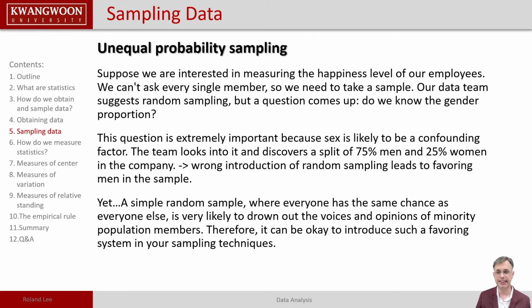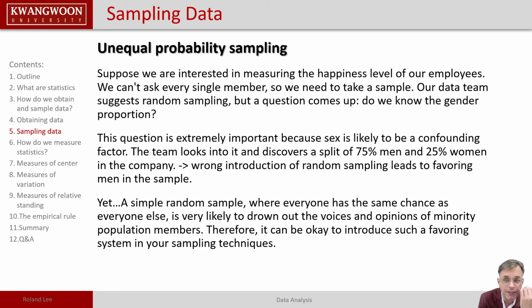Our data team suggests random sampling, and at first everyone high fives, because they feel very smart and statistical. But then here comes a very harmless and clever question. Does anybody know the percentage of men against women who work here?